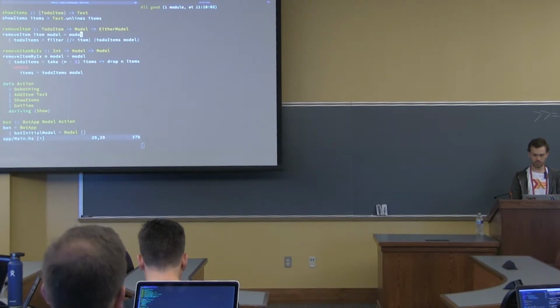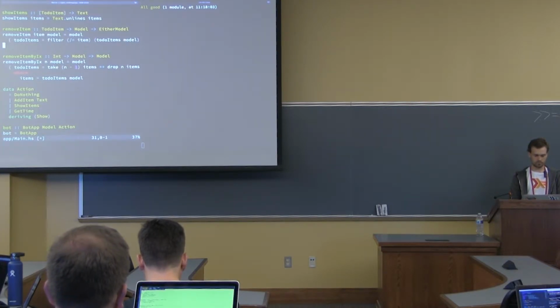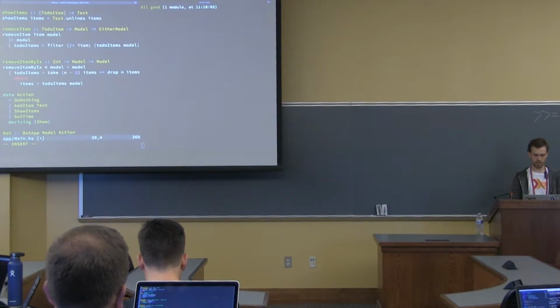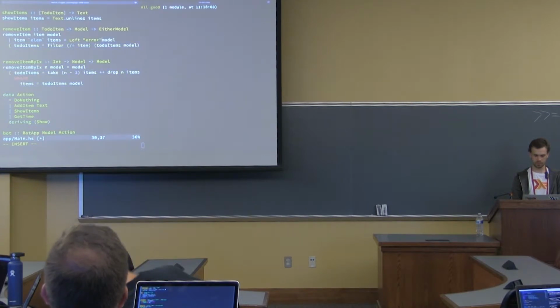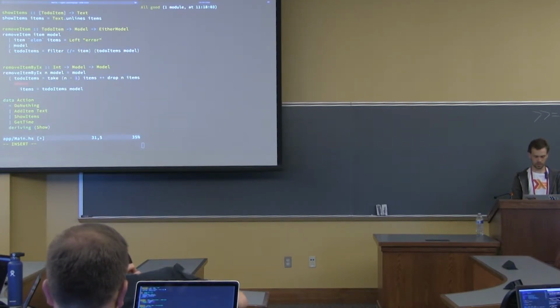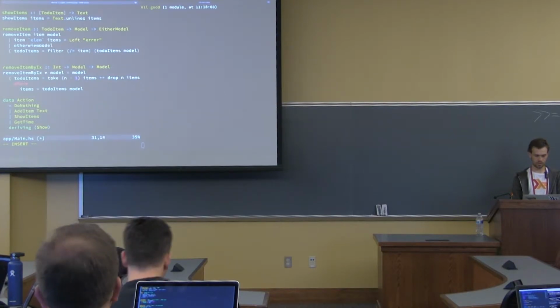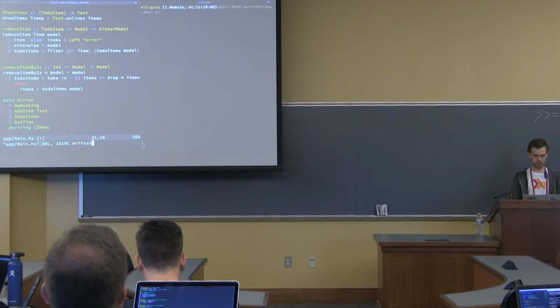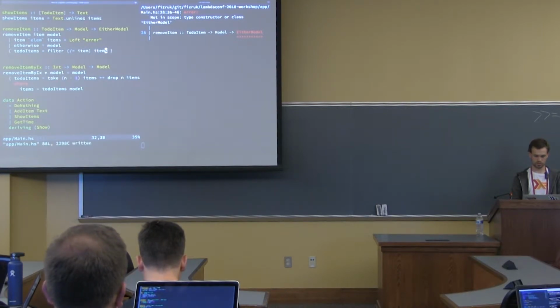So let's just have this. We can just check if item is an element of items. Then we can have Left and some error, right? We'll come up with the error message in a second. And otherwise, we have a model, and here have items.